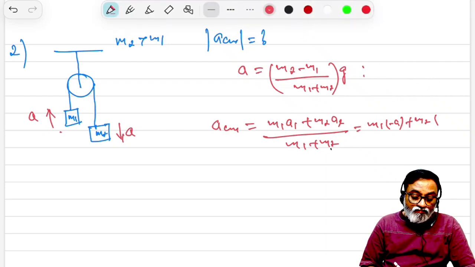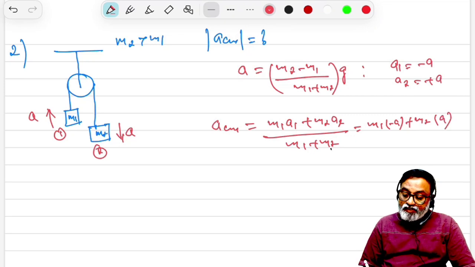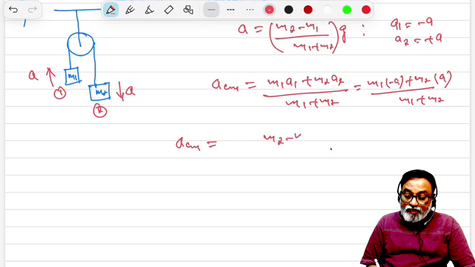Therefore, this is 1, this one is 2. Therefore, a1 is equal to minus a, a2 is equal to plus a. So, minus m1 a plus m2 a by m1 plus m2. This becomes acceleration of center of mass, taking a common, m2 minus m1 into a by m1 plus m2.